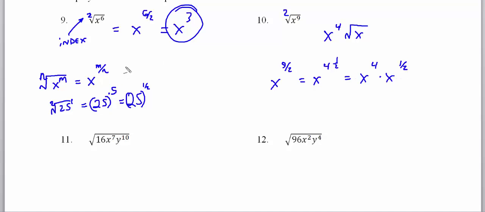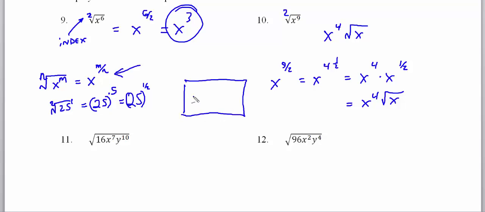And we learn from this rule over here that we would then have x to the 4th times the square root of x. And it goes to show you that this is a pretty important rule here, that x to the 1/2 power is the square root of x. Like, that's something you should memorize and be able to recognize, that if I do have a straggler like that, it would give me the square root of x.